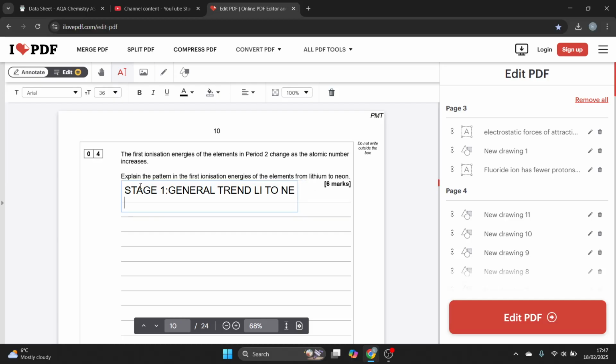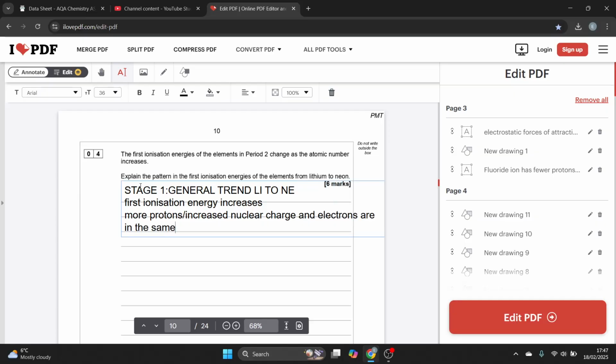So, first things first, first ionization energy increases across the period, right? More protons, increased nuclear charge, and electrons are in the same energy level, hence no extra shielding. Stronger attraction between nucleus and outer electron.